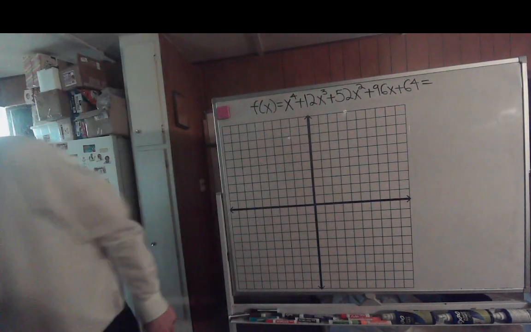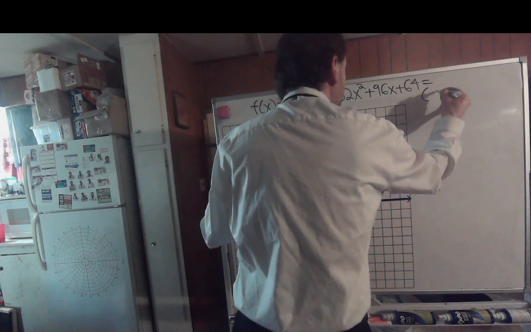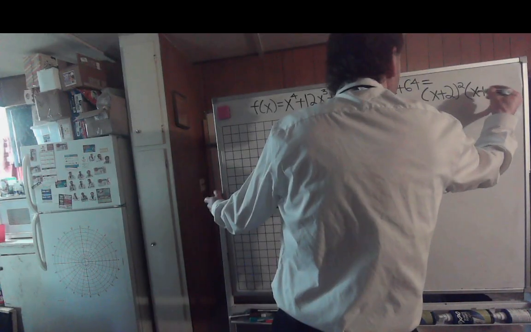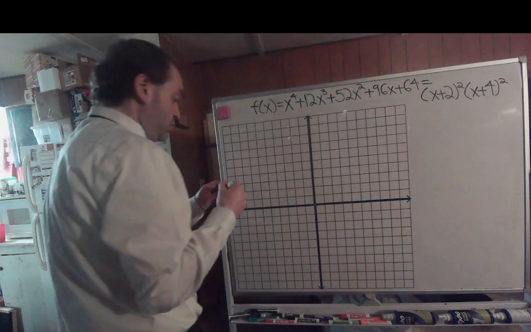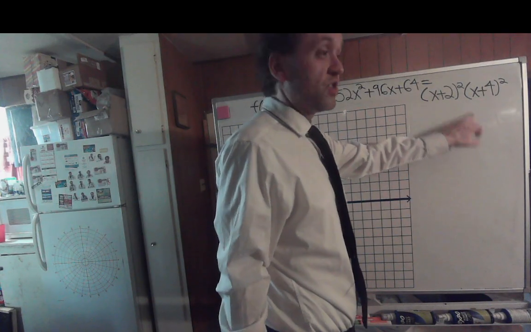Now, why don't we write out the factors of this? The factors are simply going to be, it's actually pretty easy, the quantity of x plus 2, that quantity squared, times the quantity of x plus 4, that quantity squared. So we have x plus 2, that quantity squared, times x plus 4, that quantity squared.